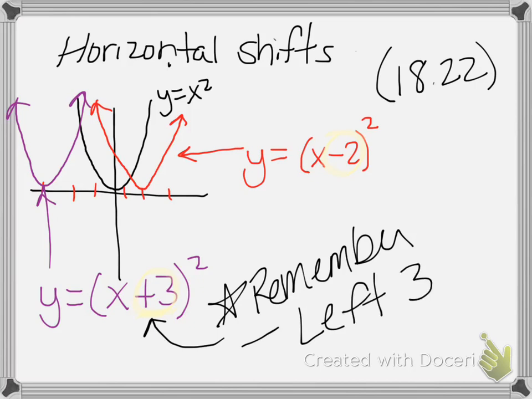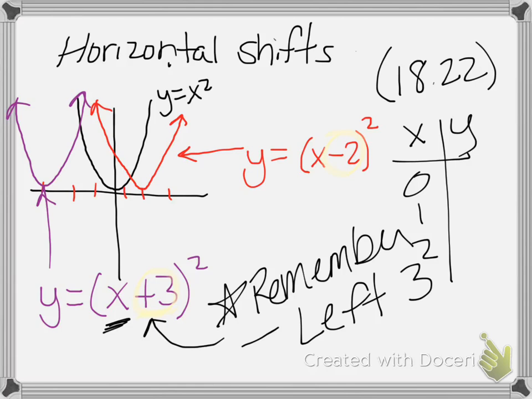Now the book does a pretty good job of showing you why it's doing that. It has you make a table and run values through your x. So you can always do that to figure out which way it will go. If you forget and you're on a test, there's no reason you can't just quickly make an XY table and start graphing some points, and you'll quickly see if it's on the right side of the axes or the left side.